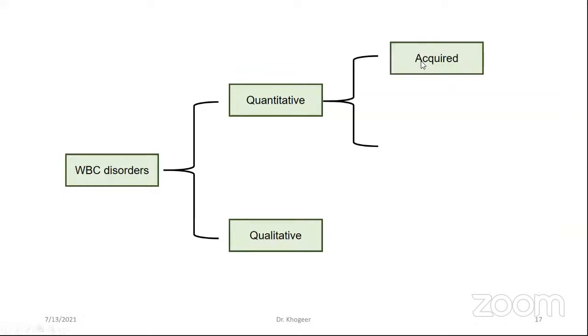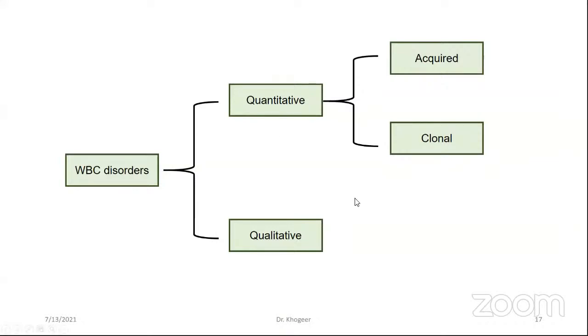Quantitative can be subdivided into two again, which are acquired, including reactive process, or inherited, and malignant or clonal, which will be covered tomorrow. The acquired alteration is usually described by an increase or decrease in the white blood cells.